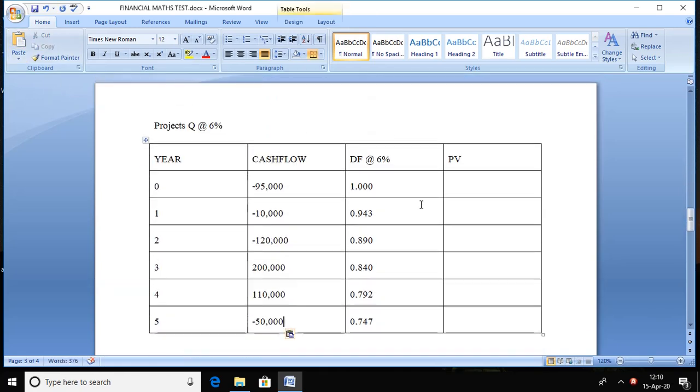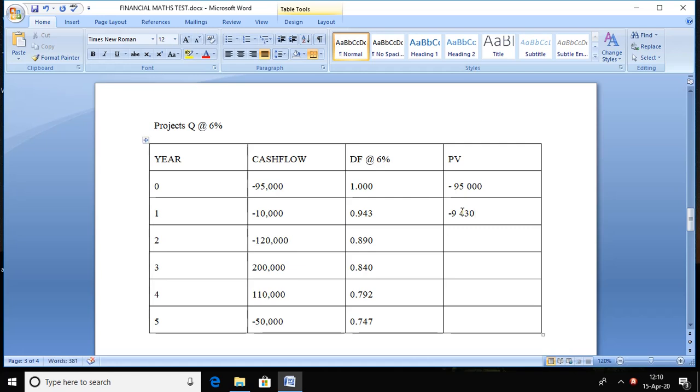So we have all the cash flows, we have the DFs, present value, just multiply negative 95,000 by 1, that is going to be negative 95,000. So minus 95,000. That one multiplied by that is a negative 9,430. The third one is also a negative.